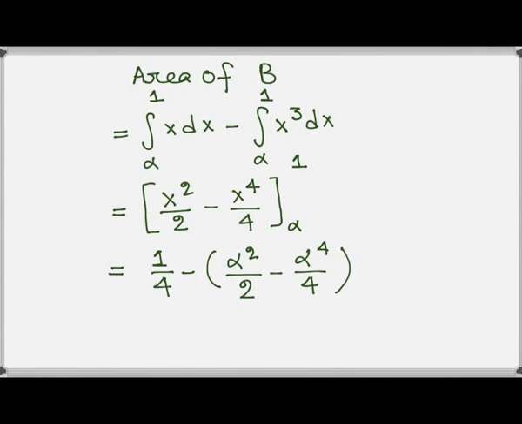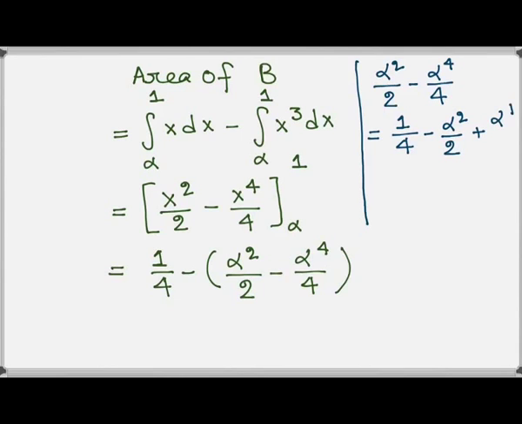Now as we know the area of the region A and the area of region B are equal, then we can equate them and we obtain, I can write it here. So the area of region A was alpha square divided by 2 minus alpha to the power 4 divided by 4 and here we have obtained 1 by 4 minus alpha square divided by 2 plus alpha to the power 4 divided by 4.